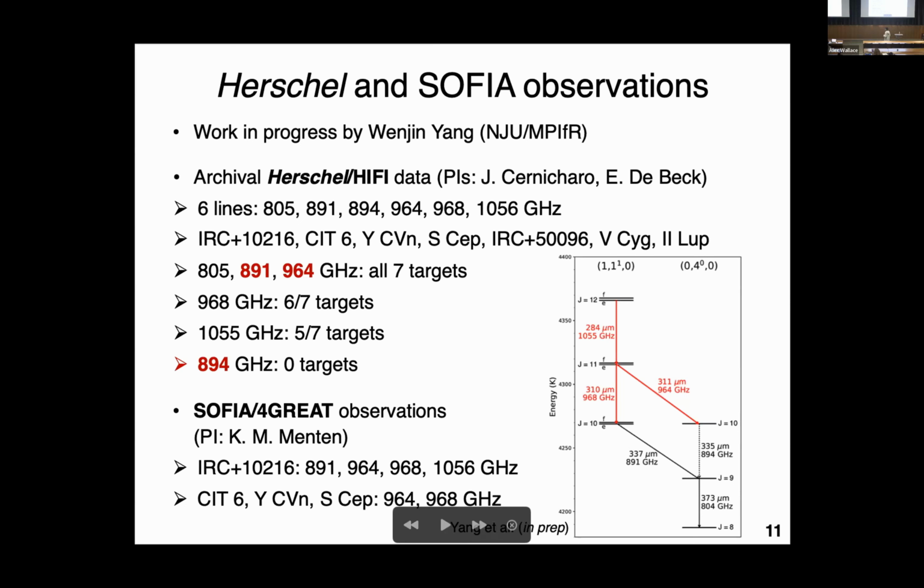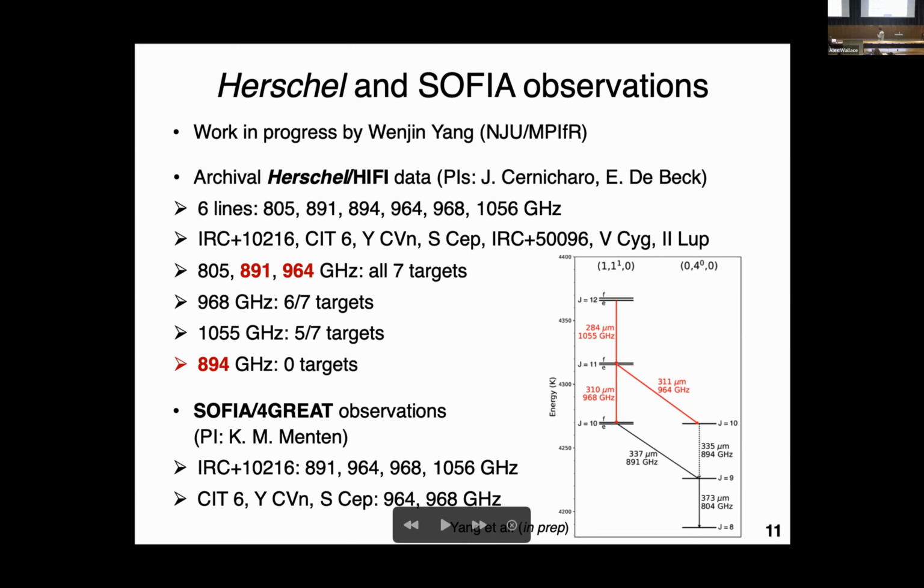So far, according to her draft paper, we have detected these 3 major emissions from all the targets, and we also obtained high detection rates of the other 2 transitions. 966 and 1055 gigahertz are both purely rotational transitions on this 110 ladder, and the 894 gigahertz has not been detected in any of the surveyed targets.